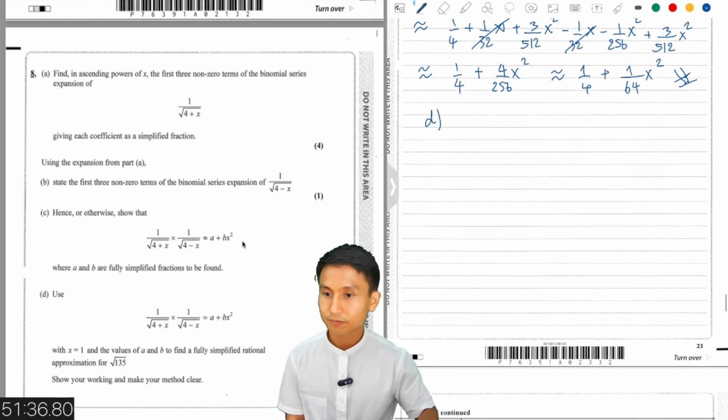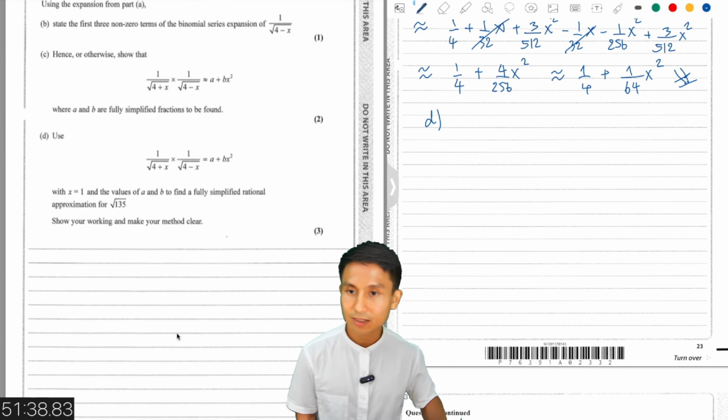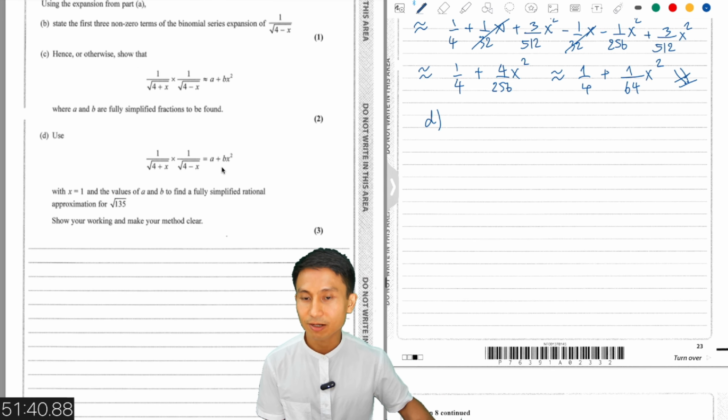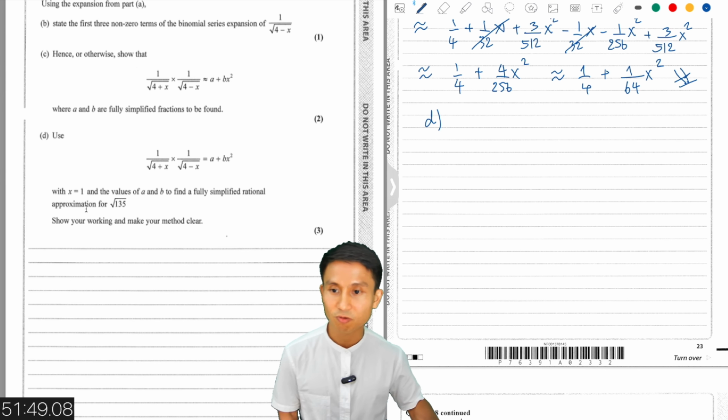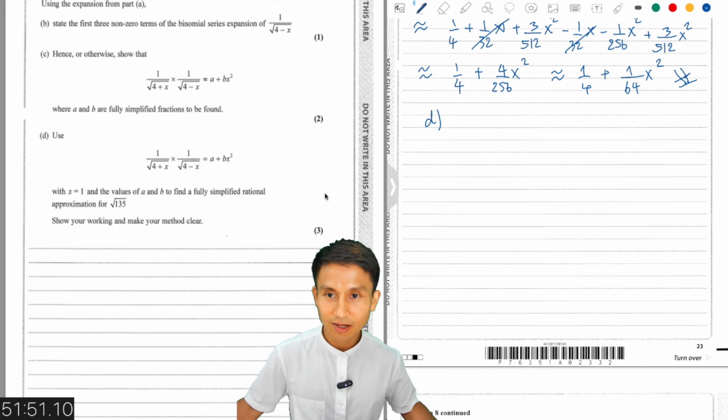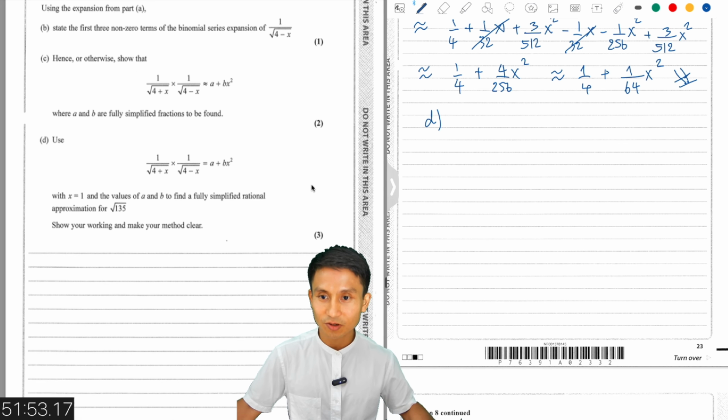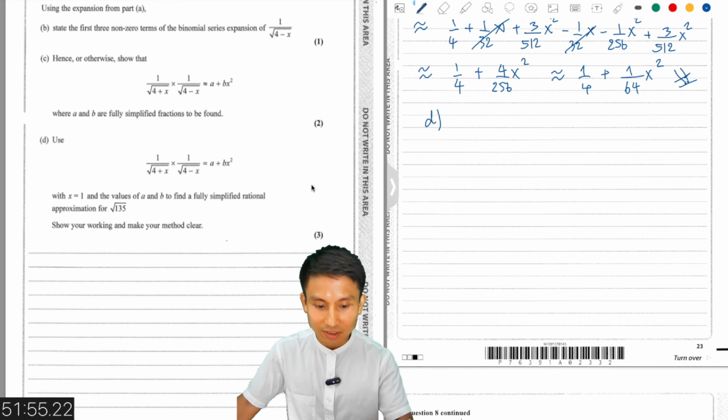Part D. Use that equals a plus bx squared with x equals 1 and the values of a and b to find a fully simplified rational approximation to that. Interesting. But yeah, we're fine. So we're just going to sub in x equals 1 to both sides. And let's see what happens there.